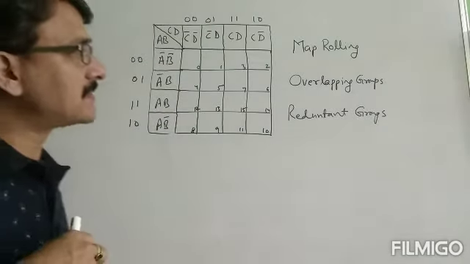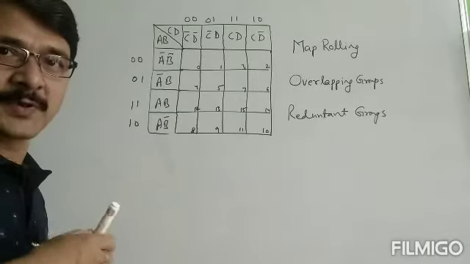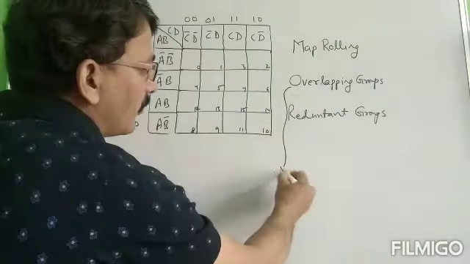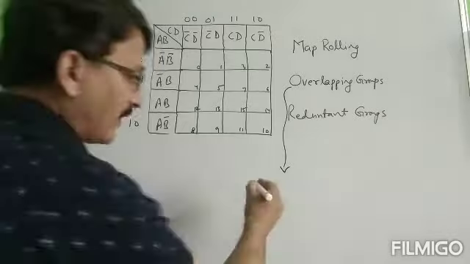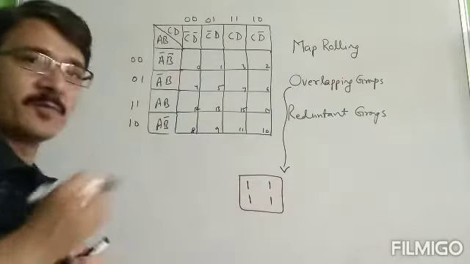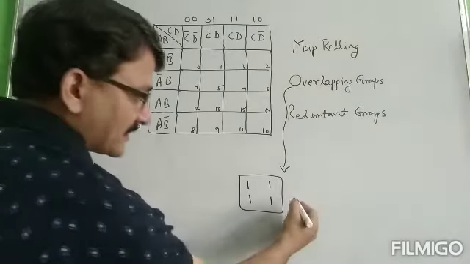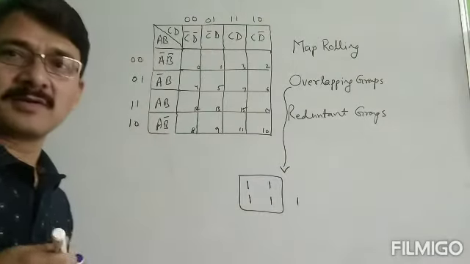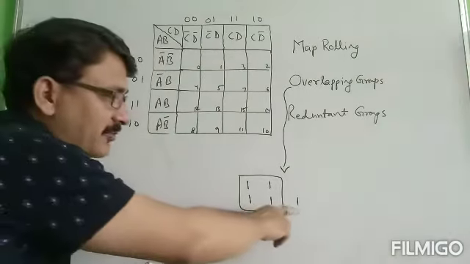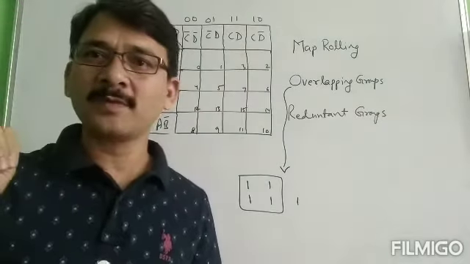Now I want to explain the second case first, overlapping group. What happens in overlapping group? Overlapping means, let's say this is what you are going to form with the 4 elements, a quad. But what is there, you have one present here, one is also present here, but you can't form a group of 5.